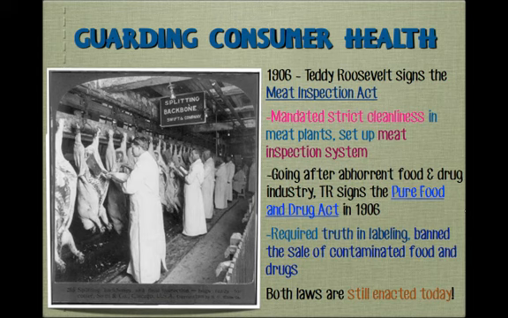This required truth in labeling and banned the sale of contaminated food and drugs. This ensures that when someone's saying that this meat is sausage or it's beef, that it is actually what they're claiming it to be. Because that was one thing the meat companies were doing, was claiming it was one part of the animal when it really wasn't. Both of these laws are still enacted today, the Pure Food and Drug Act and the Meat Inspection Act.